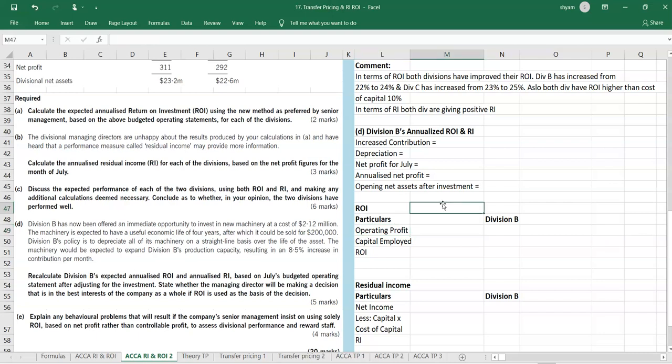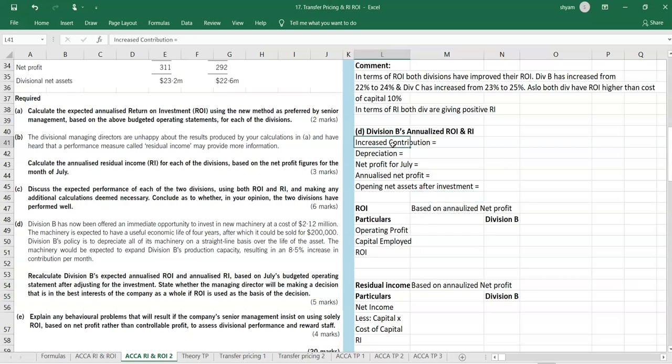So we will put it like this: ROI based on annualized net profit. So we'll work out the sum with that number.